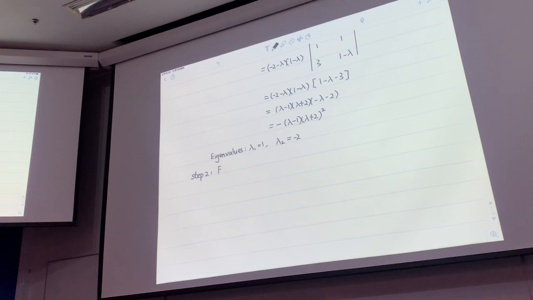Now we just find linearly independent eigenvectors of A. So for eigenvalue lambda 1 equal to 1, we solve A minus lambda 1 I times x equal to 0.